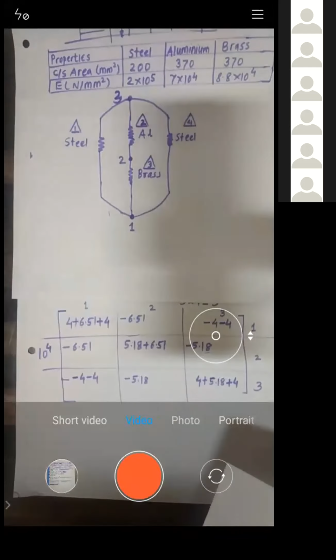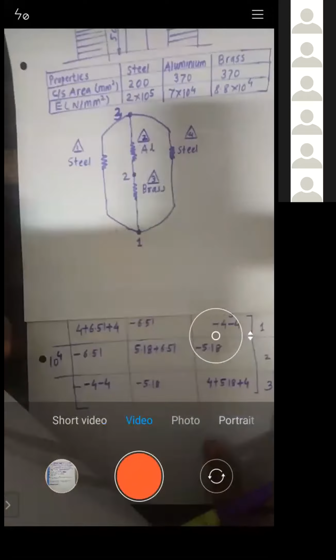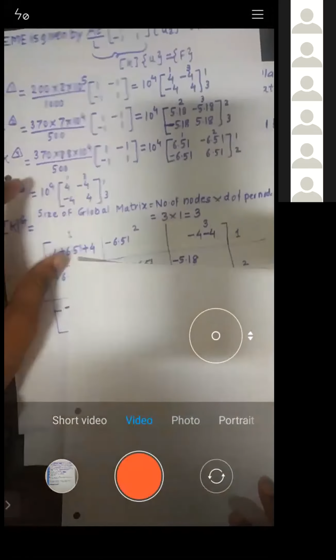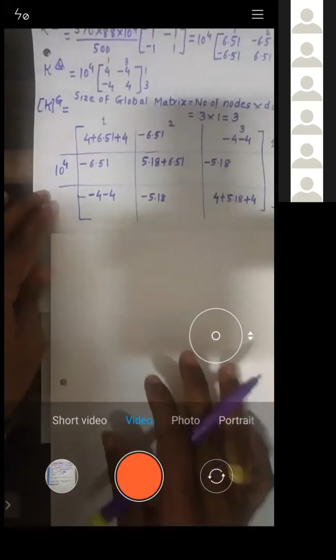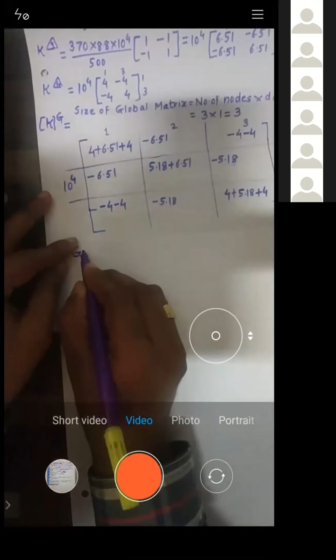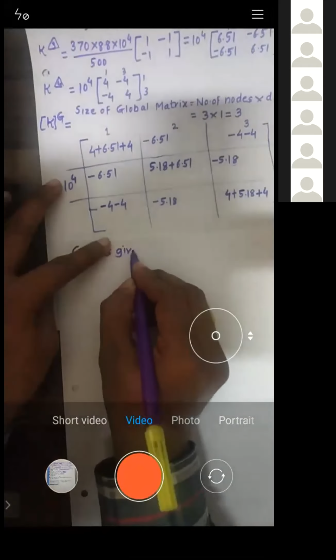Yes, sir. Okay. Now see, we are interested to solve this equation. This is the equation which we are supposed to solve. How will you solve that equation? You need to write down the global matrix equation, GME.